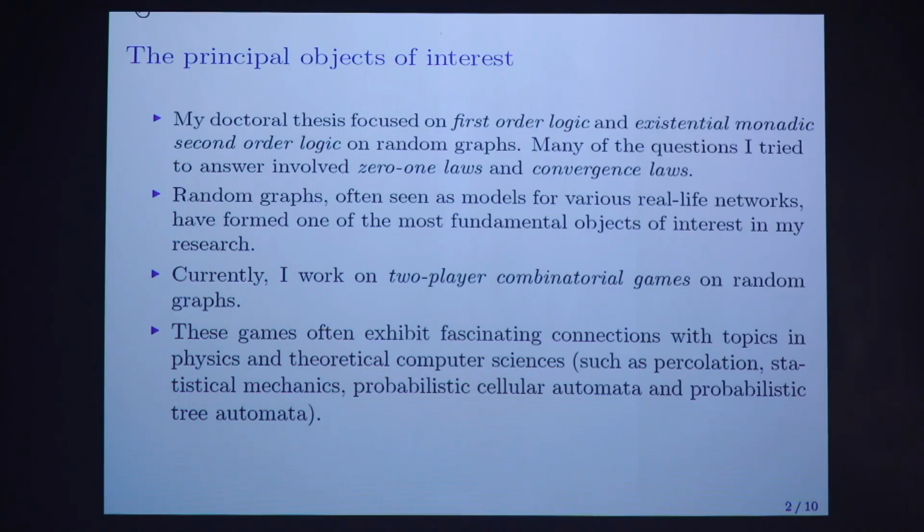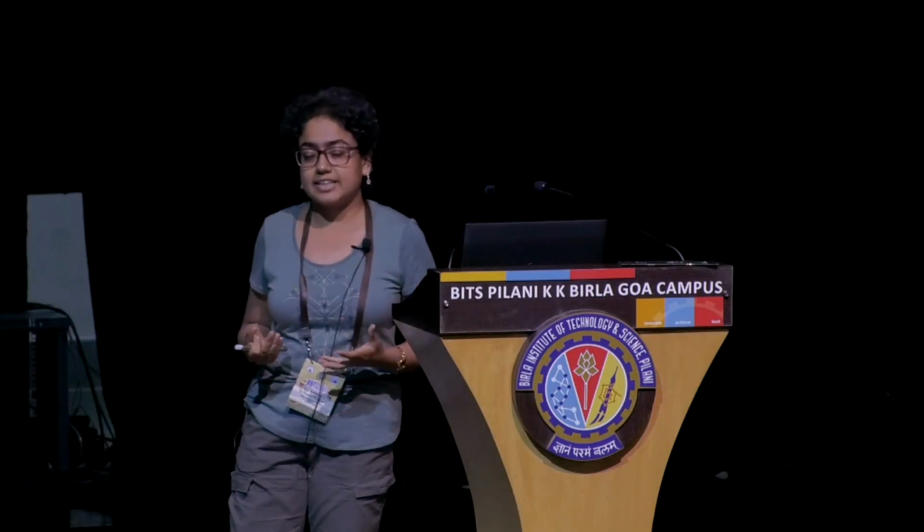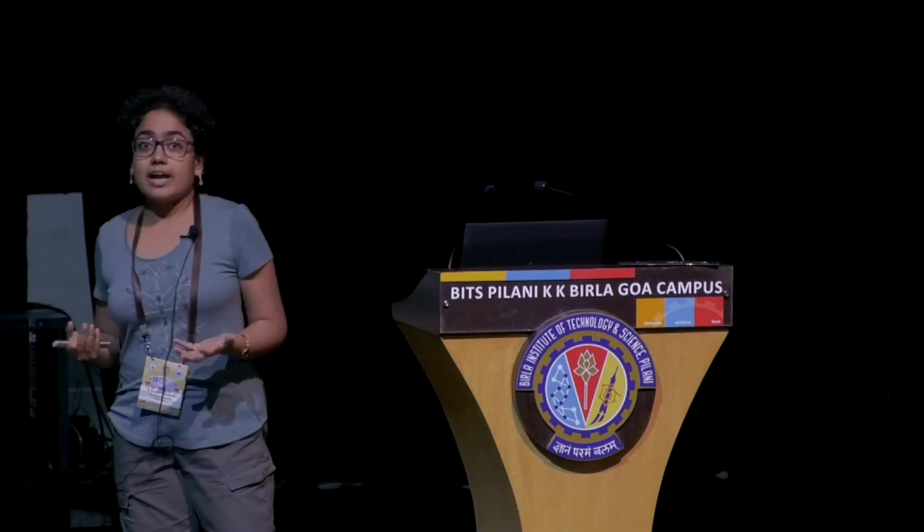So I did my PhD, I'm not that old, I completed my PhD in 2017, so I thought I would start with the premise that my doctoral thesis focused on studying graph properties that can be expressed in terms of first order logic or existential monadic second order logic on random graphs.